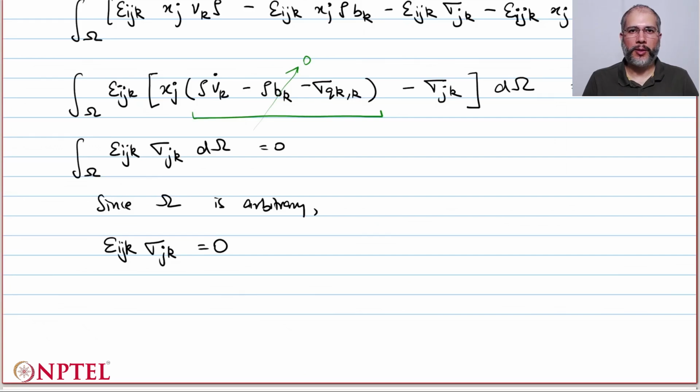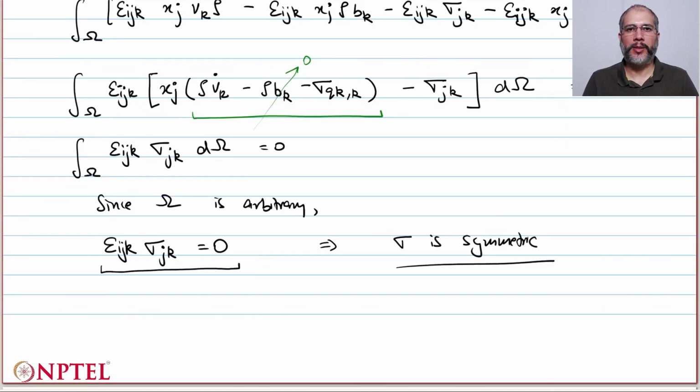Now you will recall that we had gotten the same expression when we applied the angular momentum principle to equilibrium situations, and this had resulted in the fact that sigma is symmetric. So we have concluded that again, but this time for situations where the body may not be in equilibrium, that is, it may be accelerating.